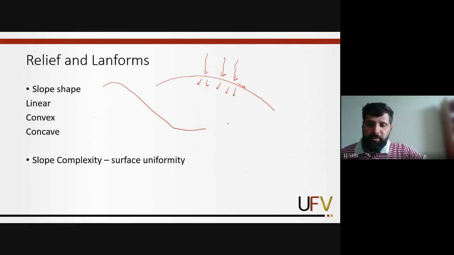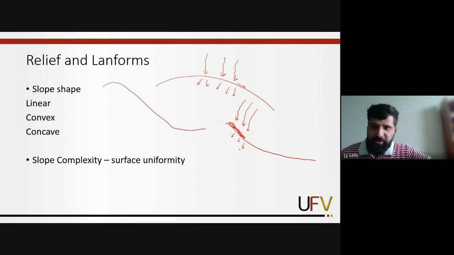And we also can find some concave slopes like this, where rain is concentrated on the surface. So we have a lot of surface runoff and a small quantity of water infiltration.